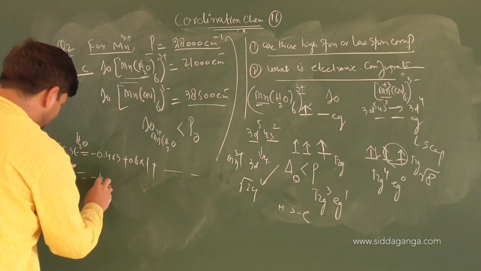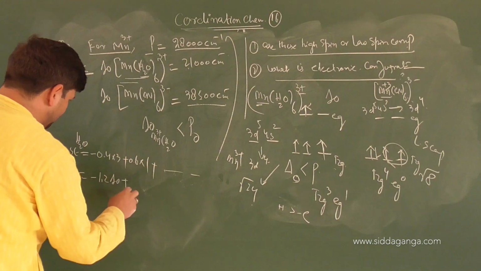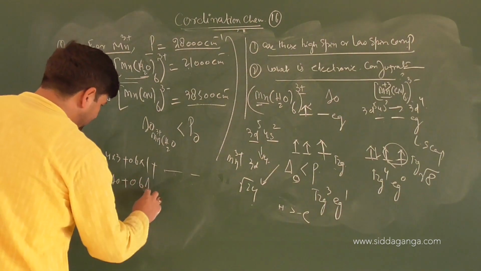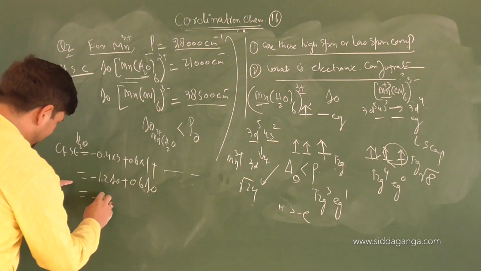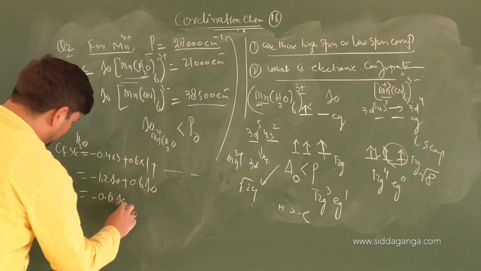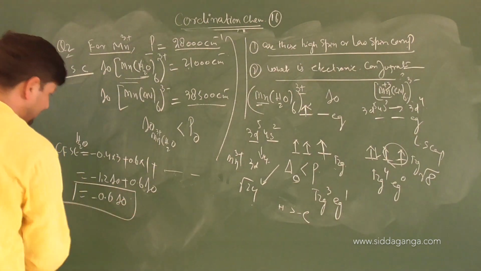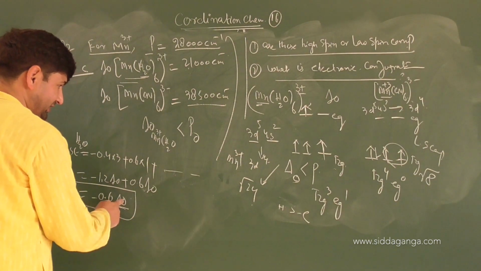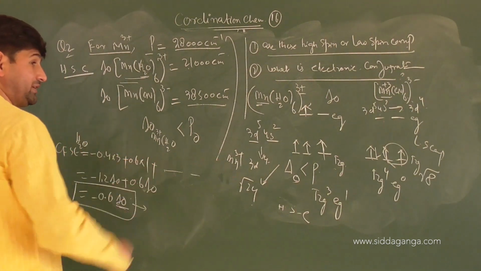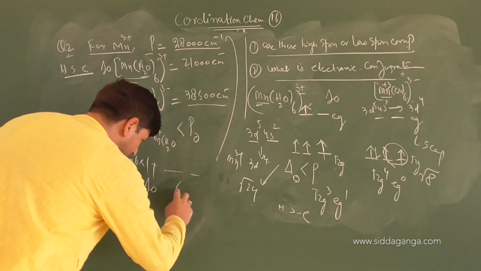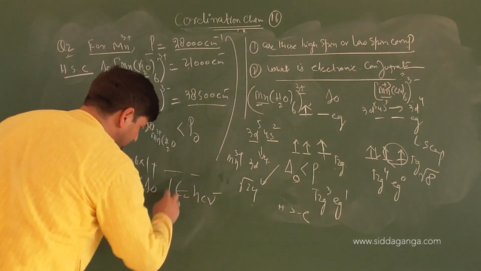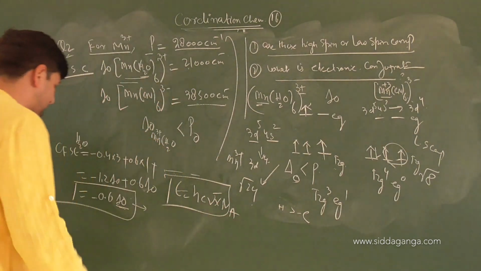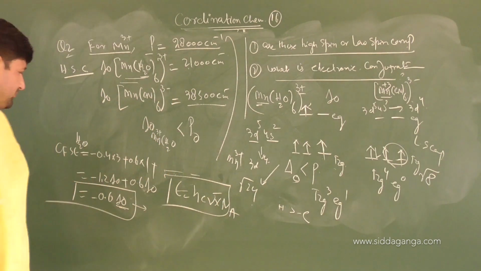So that will be minus 1.2 delta 0 plus 0.6 delta 0, which makes it minus 0.6 delta 0. Remember, this delta 0 is the crystal field splitting energy, and you can calculate it on the basis of the wave number given to you. How? E equals hc times the wave number. We know that very well. And if it is for 1 mole, it should be multiplied by Avogadro's number. So that is for water.